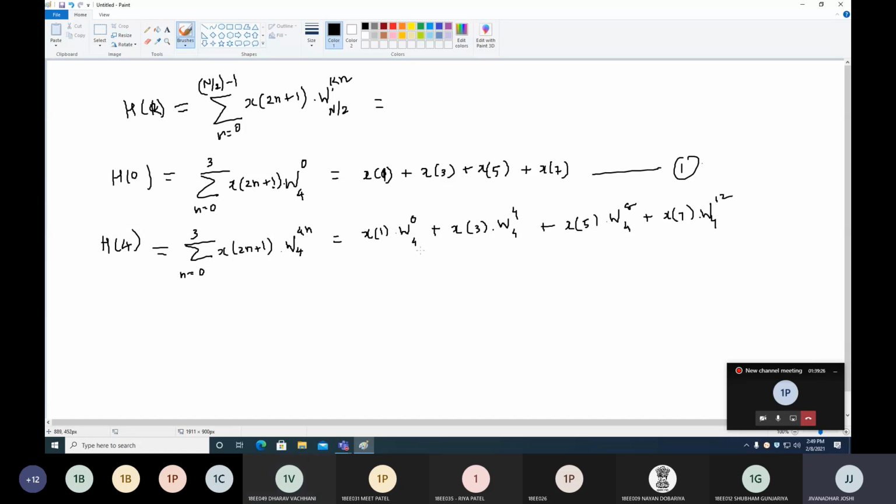We have just proved that W4 raised to 0 equal to W4 raised to 4 equal to W4 raised to 8 equal to W4 raised to 12 equal to 1. So I can write it as x of 1 plus x of 3 plus x of 5 plus x of 7. Correct? Yes, sir. So h of 0 is also ultimately equal to h of 4.